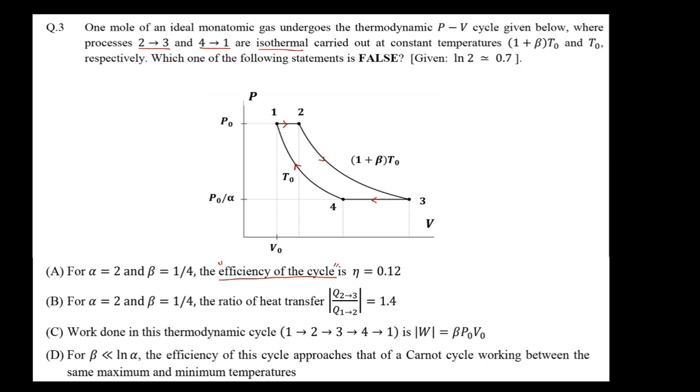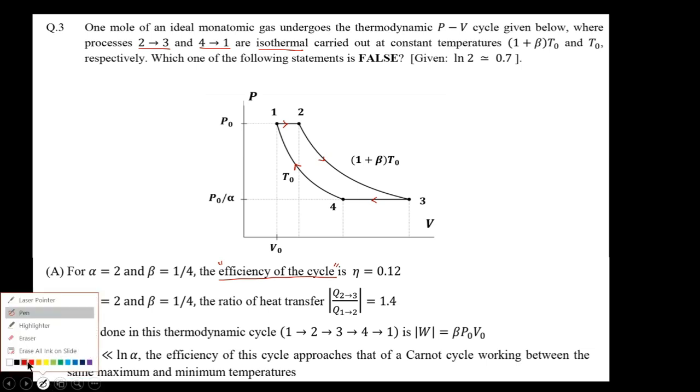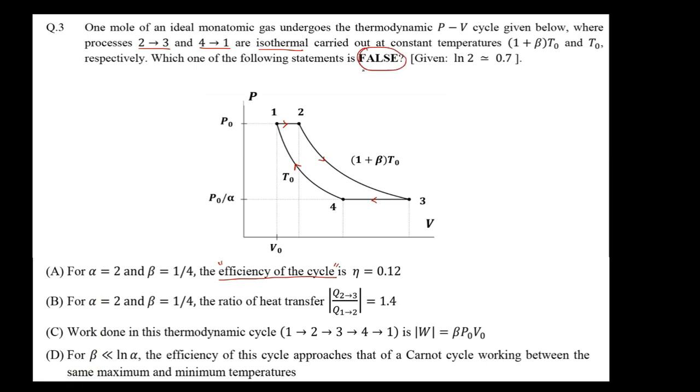So I can say the first option is correct, but this is not the answer for the question. They are asking for the false statement. Don't forget that. This is the correct one, now we'll check the next part.